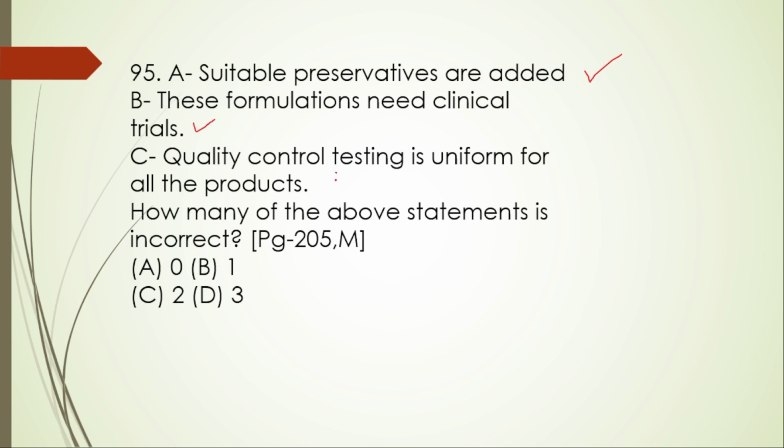This one is not accurate, because quality control testing and downstream procedure vary from product to product. It depends on their nature and intended use. So it is not uniform. This one is wrong. So A and B are right. He is asking how many of the above statements are incorrect. So B is right.